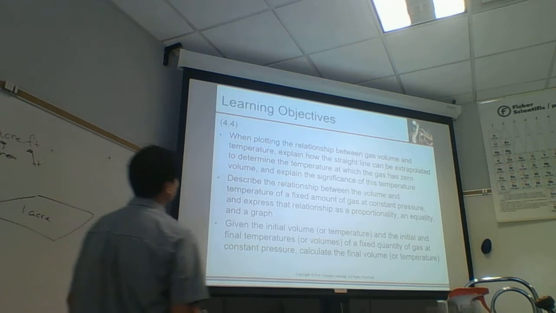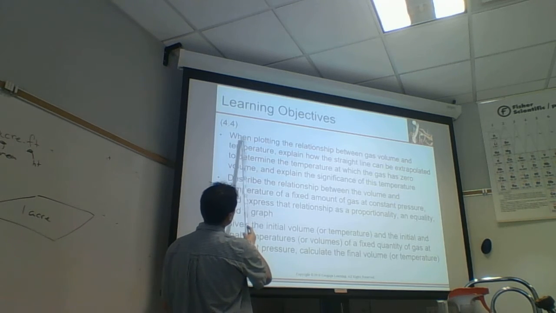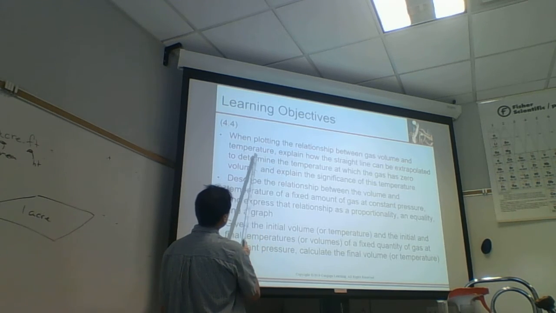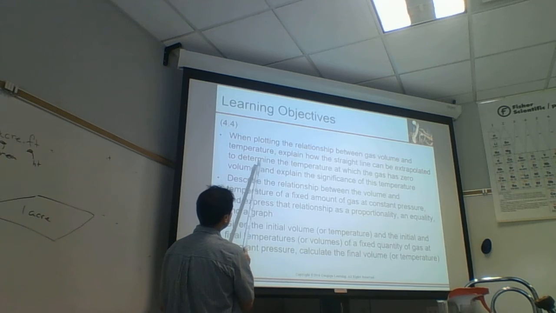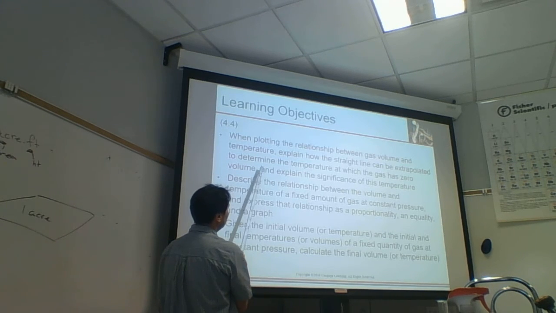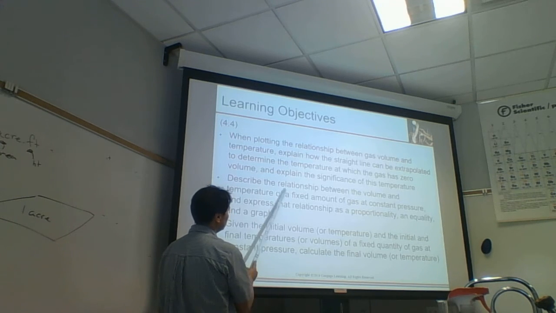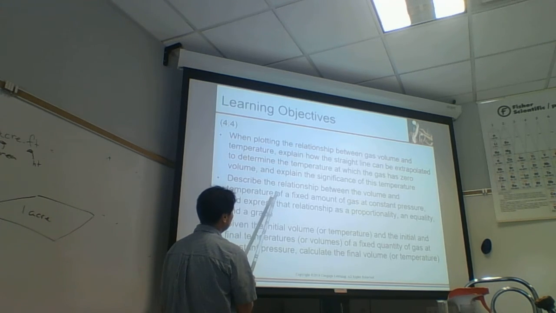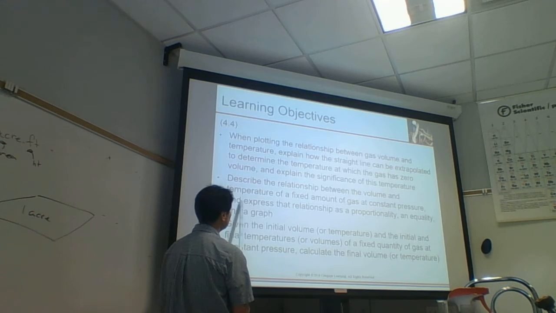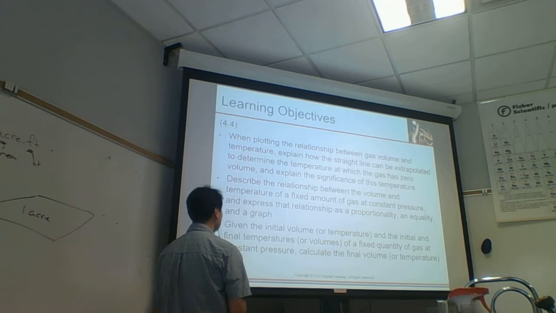And then this. Learning objective 4.4. When plotting the relationship between gas volume and temperature, explain how the straight line can be extrapolated to determine the temperature at which the gas has zero volume and explain the significance of this temperature. Describe the relationship between the volume and temperature of a fixed amount of gas at a constant pressure and express that relationship as proportionality, inequality, and a graph.